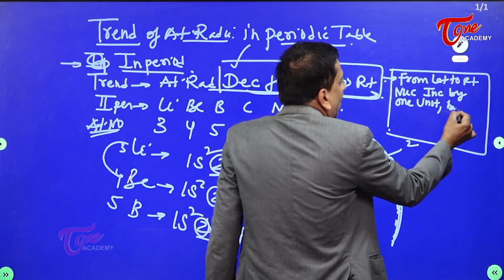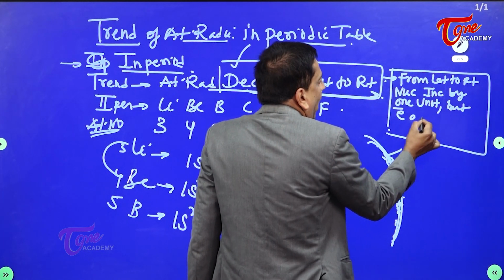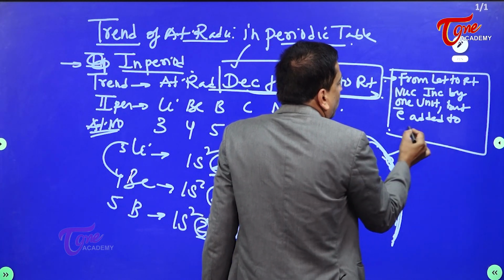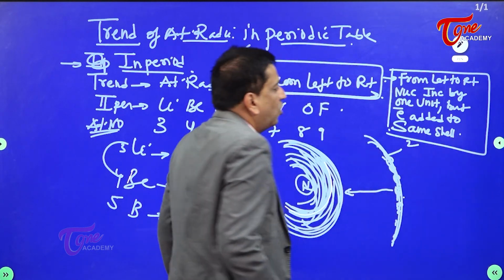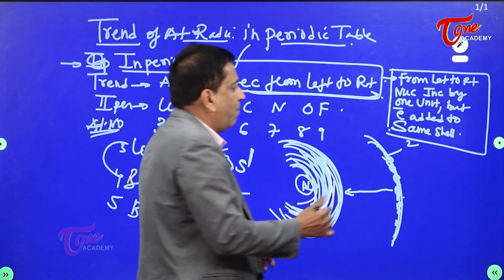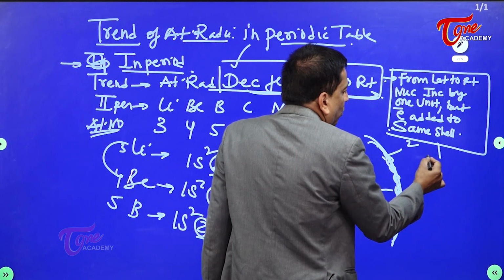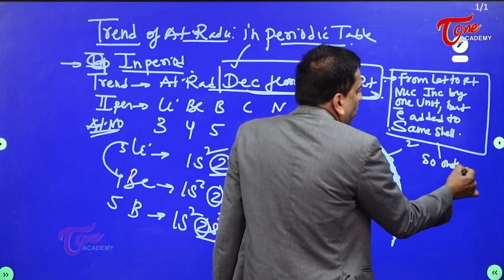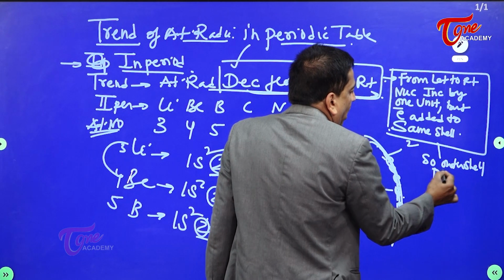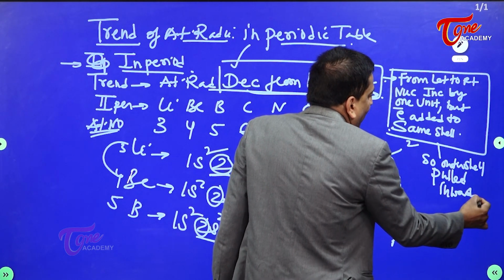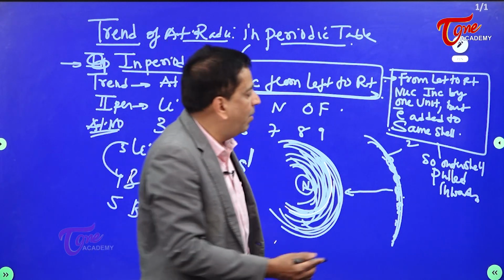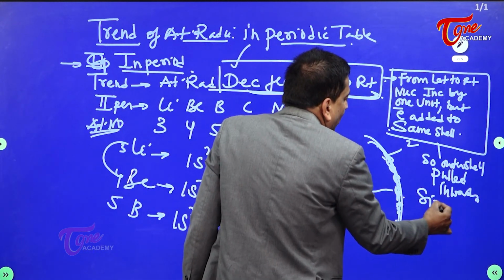But the electron is added to the same shell. Same shell. So then what is happening? The outer shell is pulled inwards, thereby the size decreases.